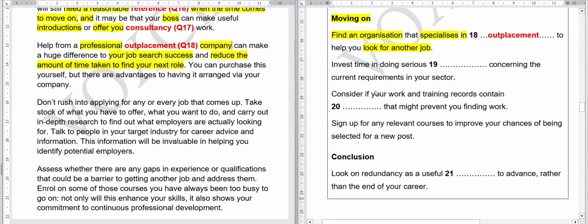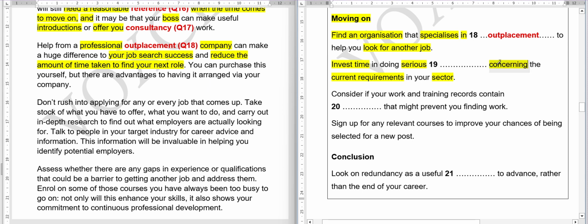Invest time in doing serious something concerning the current requirements in your sector. The question is saying you have to invest time doing serious, but what type of serious? Doing serious work, doing serious search, something like that. You have to do some sort of serious work concerning the current requirements in your sector.